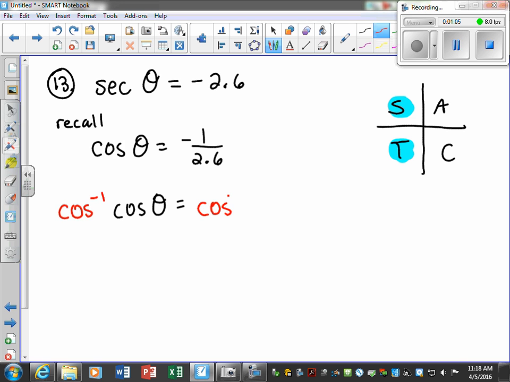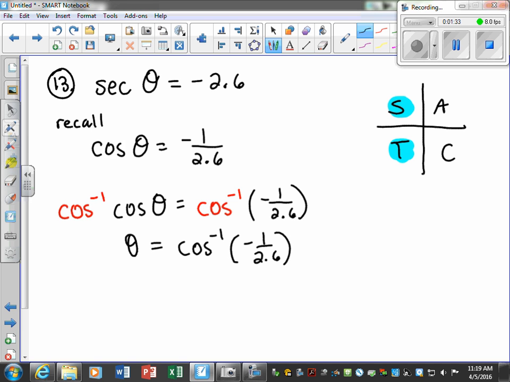Take the cosine, multiply both sides by the cosine inverse. And then cosine inverse times cosine is just going to be theta is equal to, go to your calculator here. Remember, we don't have a secant button in the calculator. So our option is to use that reciprocal relationship to be able to use the calculator.